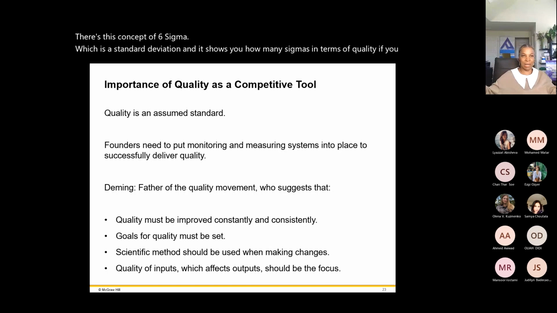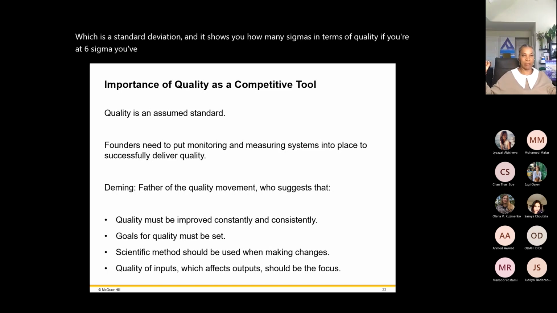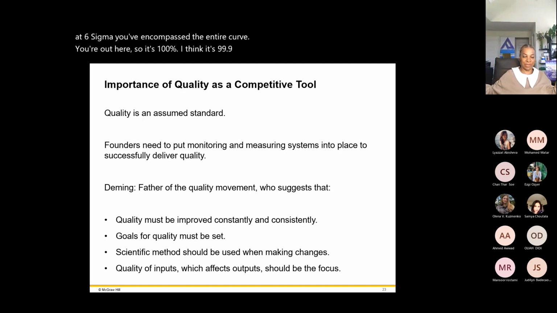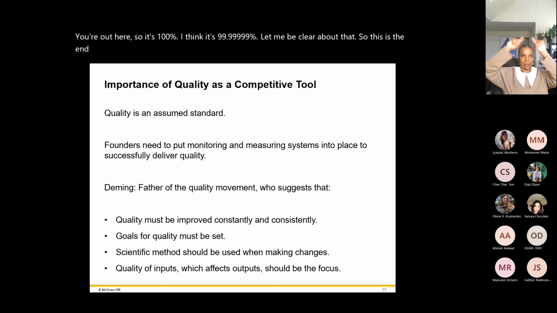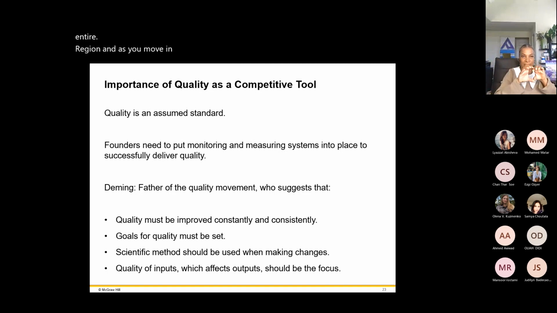If you're at Six Sigma, you've encompassed the entire curve. So it's 100%. I think it's 99.99999%. Let me be clear about that. So this is the entire region, and as you move in, it's less and less. Things that require Six Sigma are like brakes or aircraft parts and things like that. That has to be very stringent. There's no gray area. It has to work all the time.